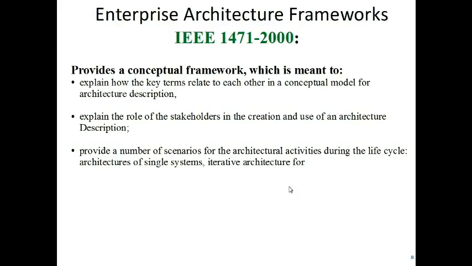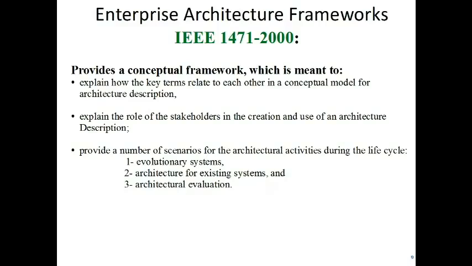It provides a number of scenarios for the architectural activities during the life cycle of architectures: of a single system, iterative architectures for evolutionary systems, architecture for existing systems, and architecture of evolution.